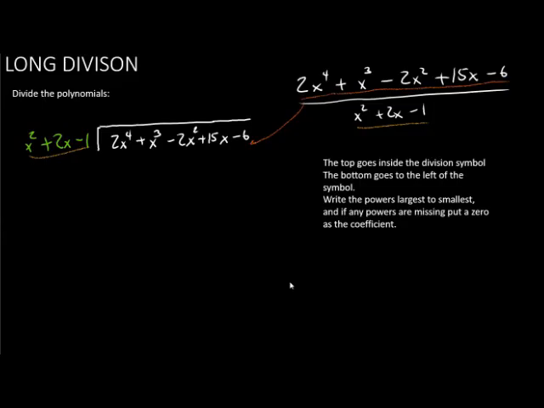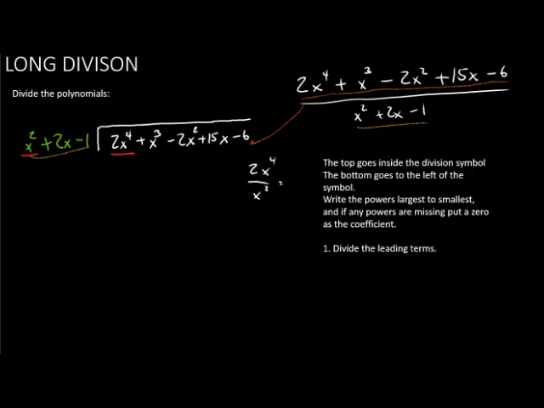Now, long division will be the same 4 steps repeating over and over again. For our first step, we're going to look at the leading terms and we will divide those. Our first leading terms are 2x to the fourth inside the symbol and x squared outside of the symbol. We'll do that division first.